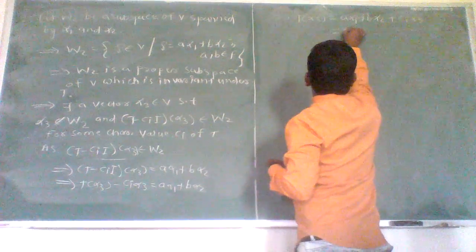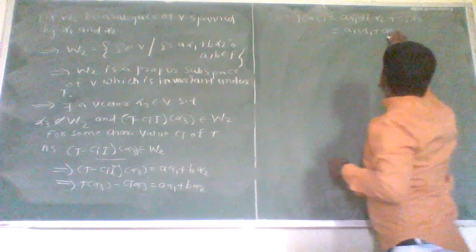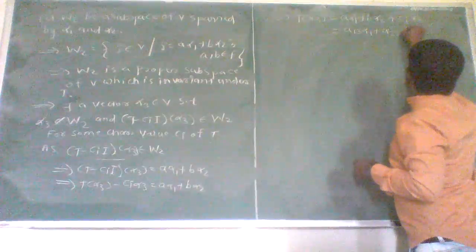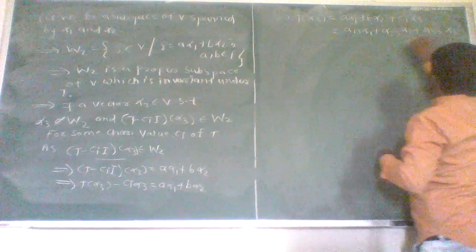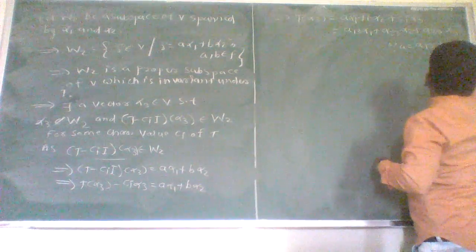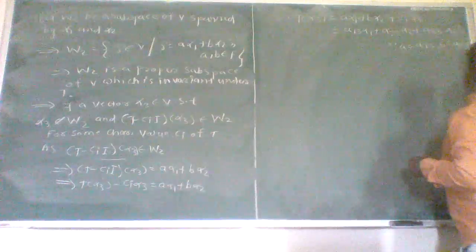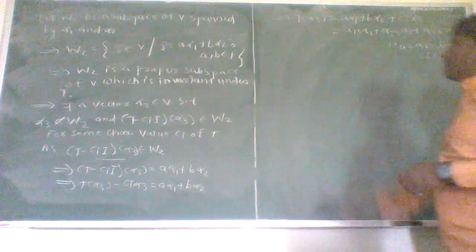Let us take this one as A13 alpha 1 plus A23 alpha 2 plus A33 alpha 3, since A equal to A13, B equal to A23 and Ci equal to A33.